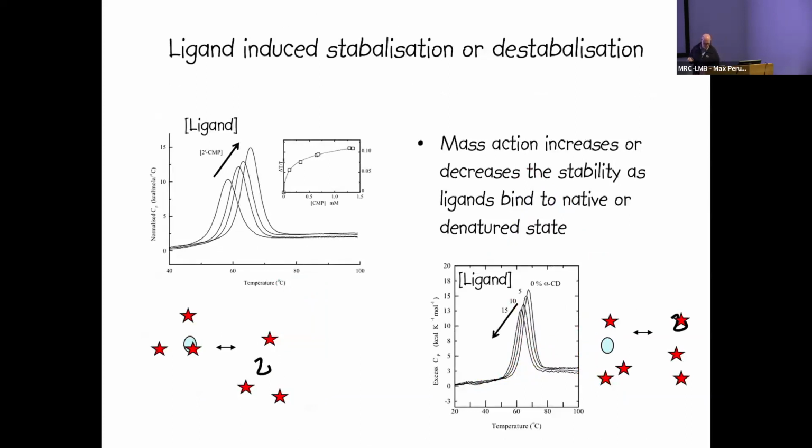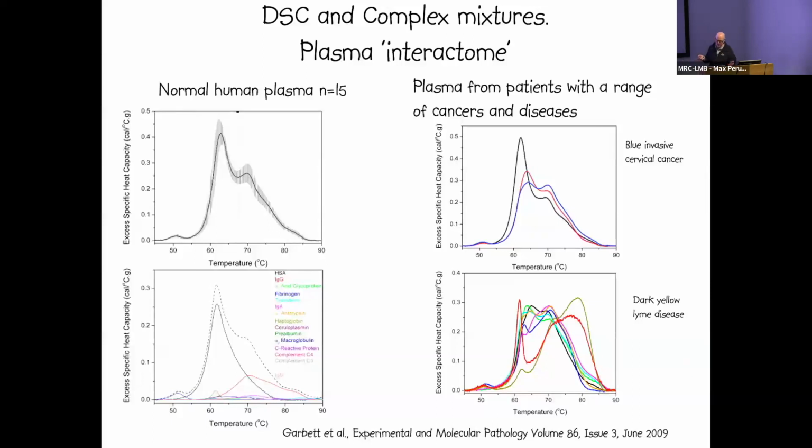And because it's a very complex profile, the shape changes. Anyway, I suppose the real thing to say about that is calorimetry, both ITC and DSC, can be applied to quite unusual settings.